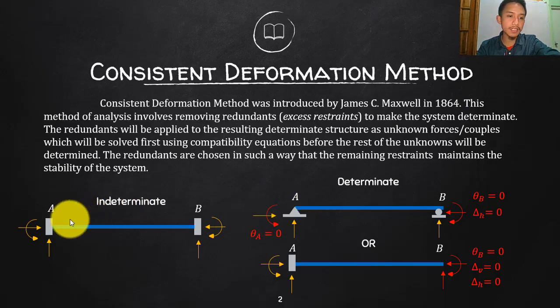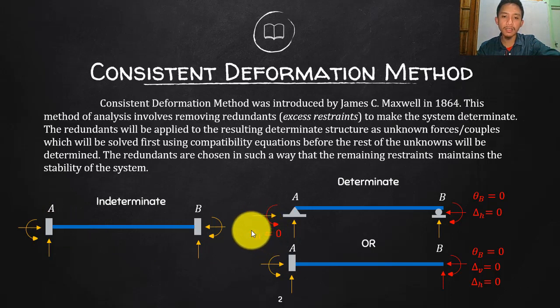So how will I create the compatibility equation corresponding to the moment that I removed here? Originally that is fixed. So in the actual beam, or the original beam, at point A, that will not rotate because that is originally fixed. Even if I remove that, I will assume that that is just a pin. However, originally there is no rotation since that is fixed.